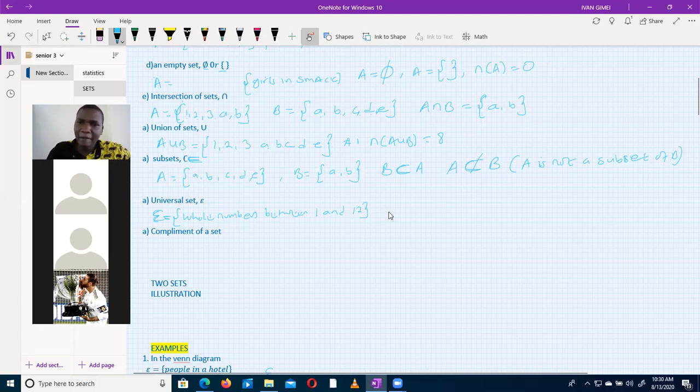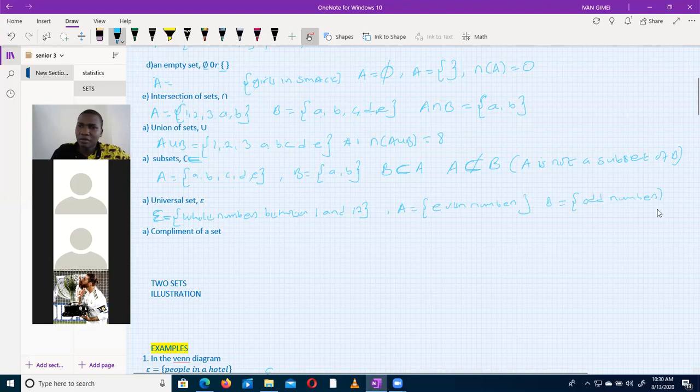Then they say we have set A equals to, maybe we say set A has even numbers. And set B is the odd numbers, like that.